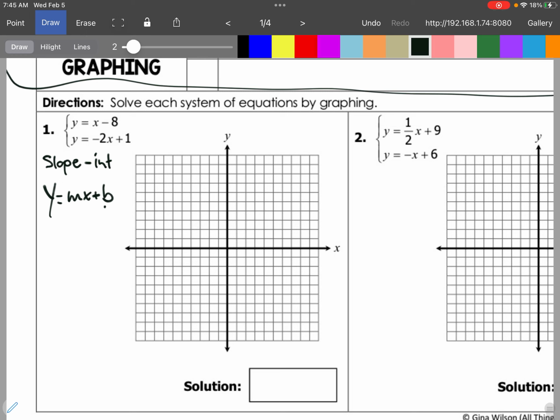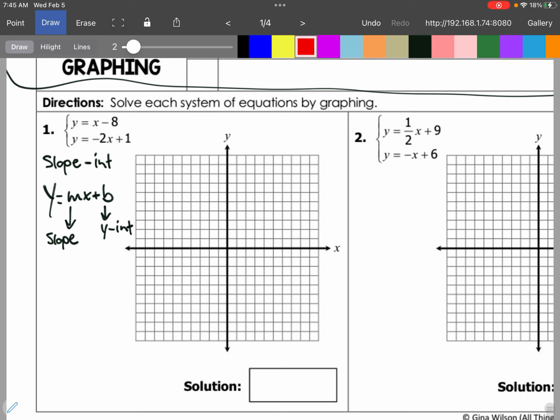Your b is going to be your y-intercept, okay, which is this line right here, where you start on this line, the birth. And your m is your movement, aka your slope. How you go from one point to the next, okay?